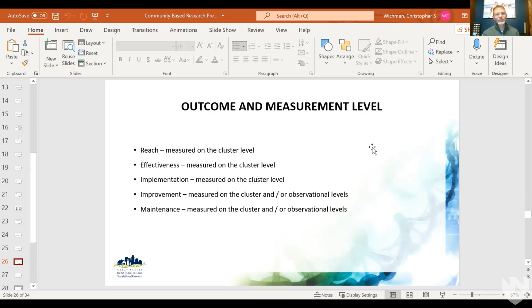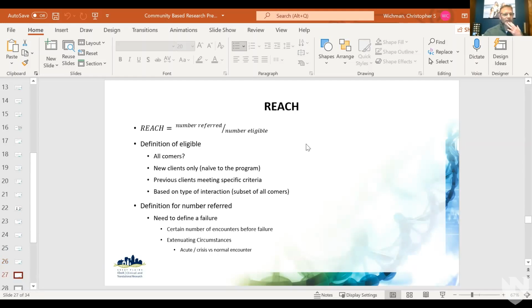Then we have these concepts of improvement and maintenance. Both of these can be at the cluster level and/or at the observational level. You can measure it at both levels there. So we can see where, depending on what our outcome of interest is, we may be buying ourselves into a more and more complicated analytical design, or analysis, excuse me.